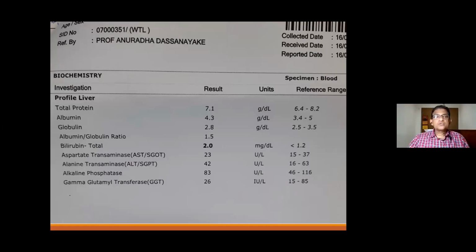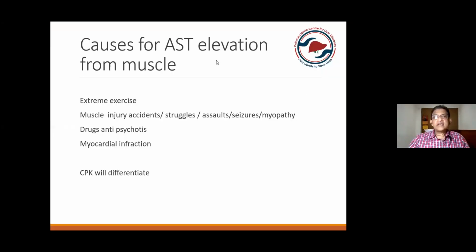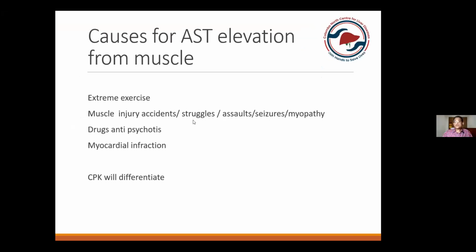So causes of AST elevation include muscle illnesses and extreme exercise. We see this in army training, and during accidents, struggles, assaults, seizures, myopathies, and some drugs like antipsychotics leading to neuroleptic malignant syndrome.